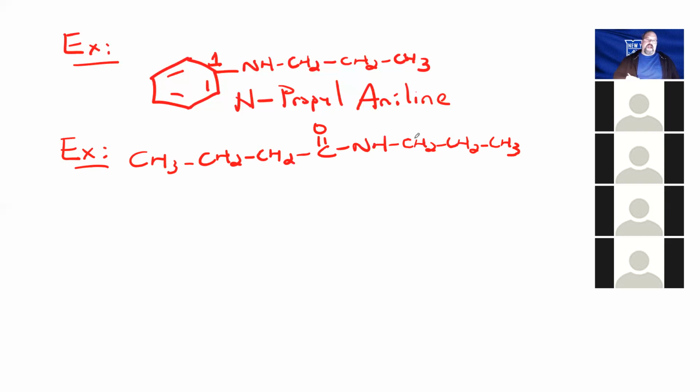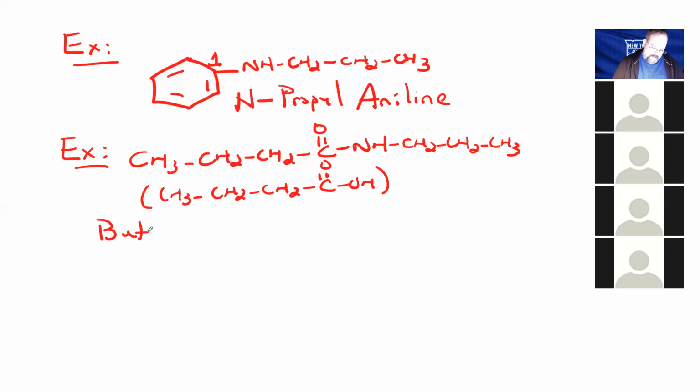So we talked about the fact that to come up with the parent name, pretend that you're dealing with a primary amide. So how do we name primary amides? We pretend that we have a carboxylic acid. In other words, instead of having NH here or NH2, we pretend that we would have this: CH3, CH2, CH2, C double bond O, OH.